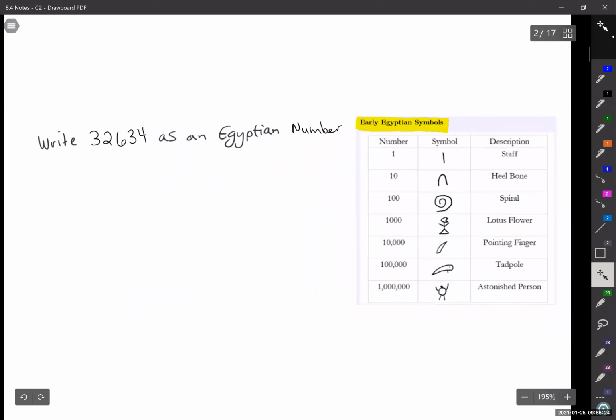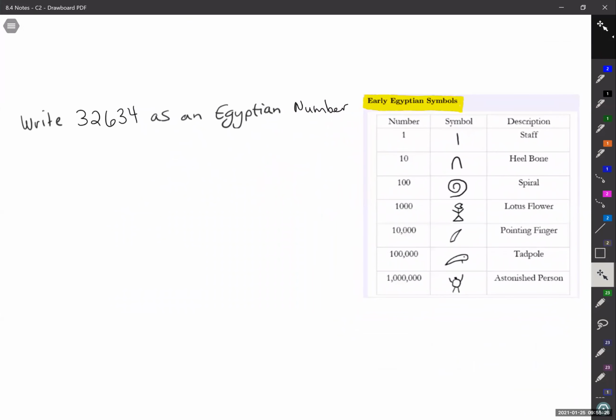Okay, so now let's go the other direction. Now we're going from our number system to theirs. Remember that the location of where you write it doesn't matter. You can repeat, stack, whatever.